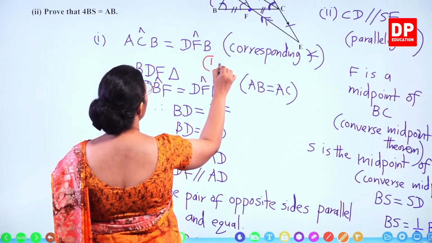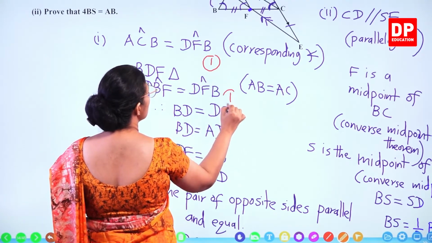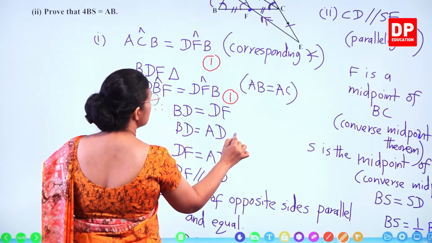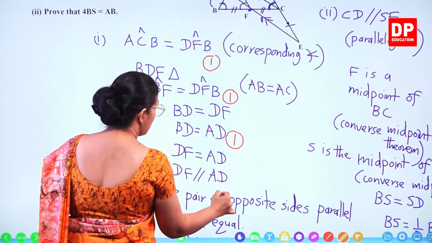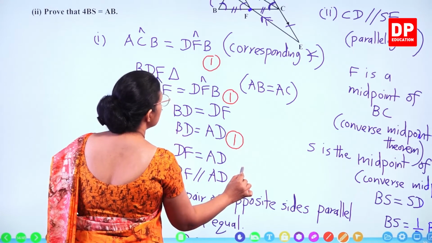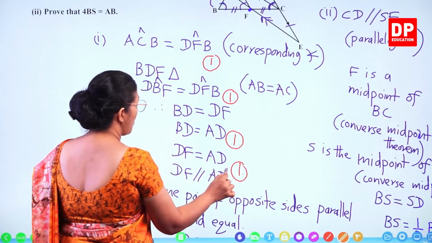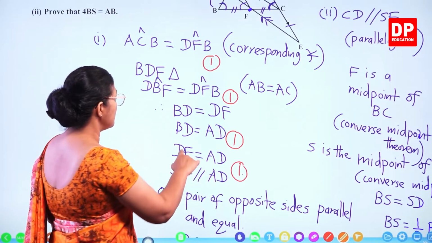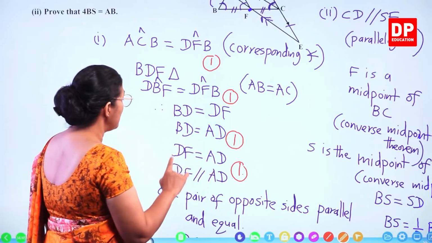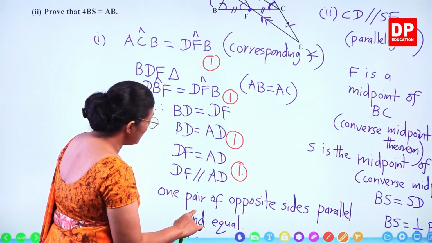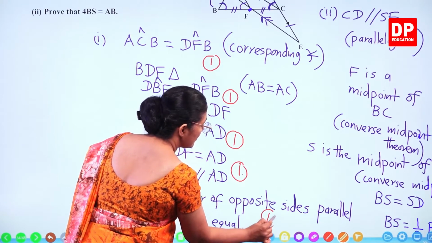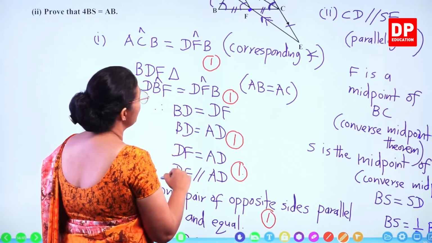This is 1 mark. Showing this one, 1 mark here, and then 1 mark for showing that one pair of sides is parallel and equal. Then the reason, 2, 3, 4, 5.